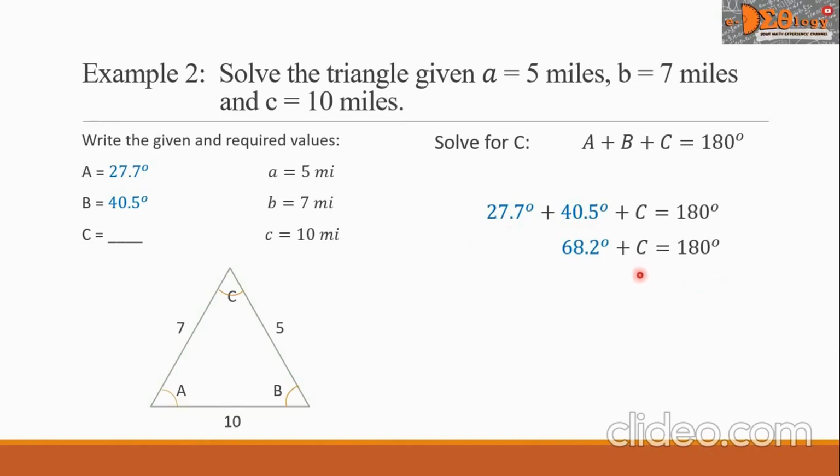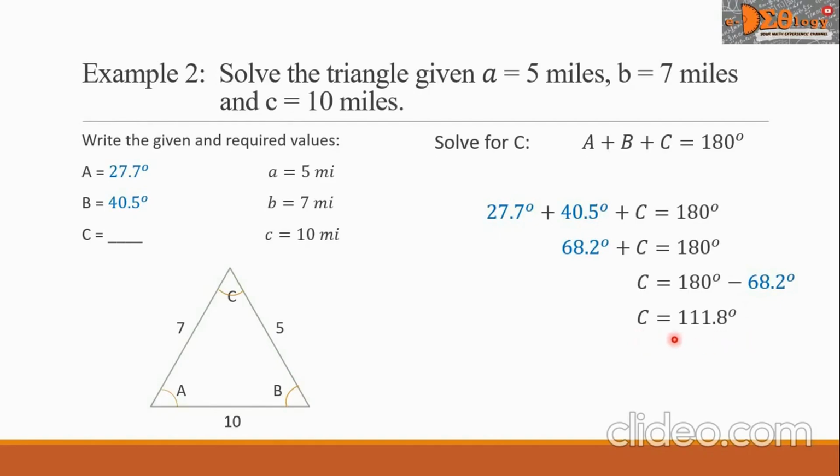Let us isolate C. This 68.2 degrees we will transpose on the right side, and the sign must be changed. From positive, it becomes negative. So 180 degrees minus 68.2 degrees, we will have 111.8 degrees. And this is the angle C.